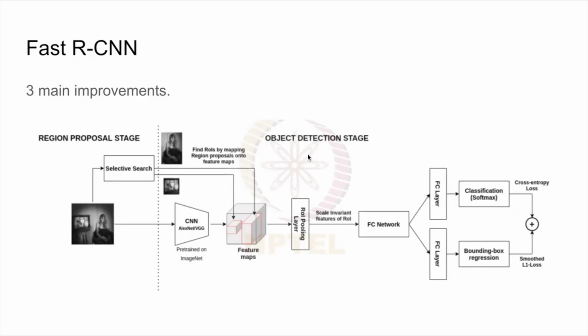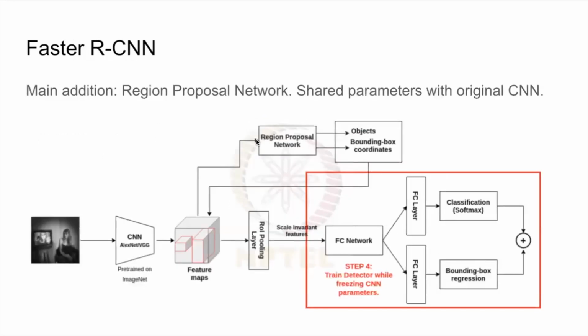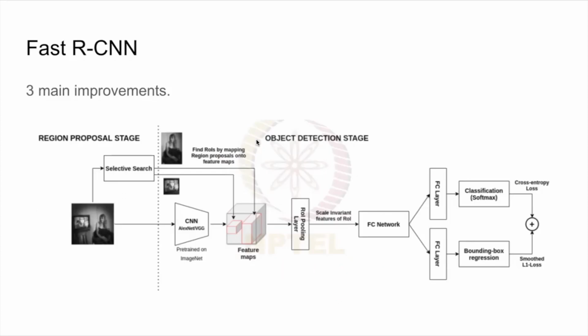Earlier we used to have two FC networks which are completely different. Now it's just the same FC layer with different output layers, and we add the losses at the end to get the combined loss. This makes the process faster.